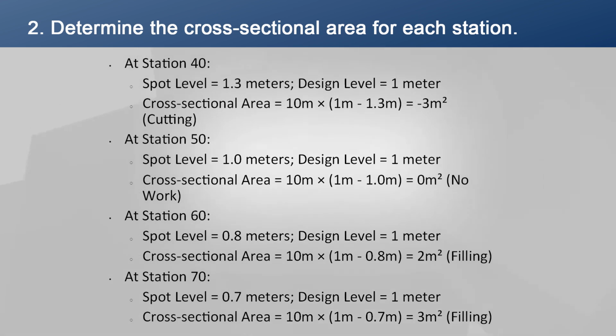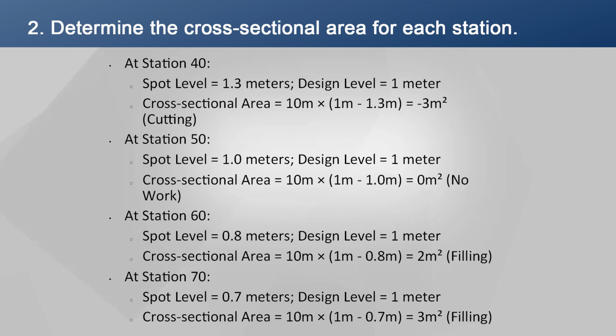At station 50, spot level given as 1 meter, design level given as 1 meter. Here we can see spot level is 1 meter and design level is also 1 meter. So, cross sectional area will become 0. So, no depth of cutting or filling will be available. At station 60, spot level given is 0.8 meter, design level given is 1 meter.